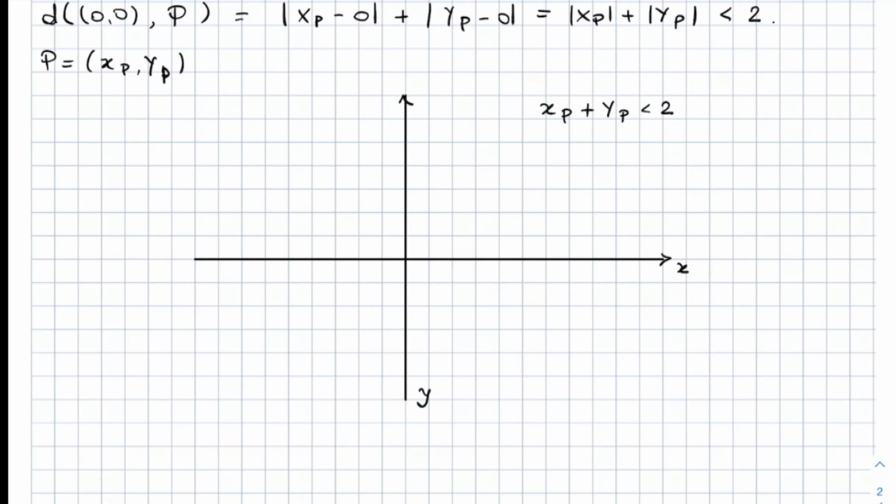In this quadrant here, where the x's are negative and the y's are positive, the inequality becomes minus xp plus yp smaller than 2. In this quadrant, both y and x coordinates are negative, so the inequality is minus xp minus yp smaller than 2. And finally, in this quadrant, where the x-coordinate is positive and the y-coordinate is negative, we have the inequality xp minus yp smaller than 2.